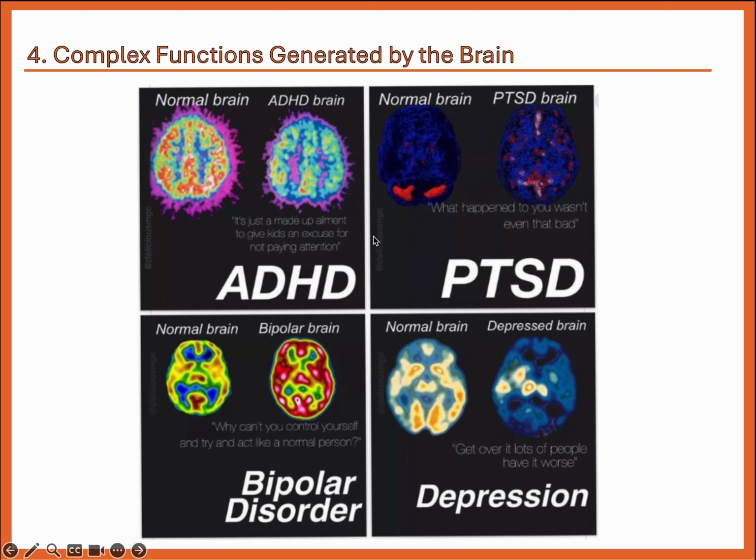These brain patterns really do show that there is something that we should not let go, and just say things like, what happened to you wasn't even bad, right? Get over it. Lots of people have it worse. These are things that maybe, way back when, were very prevalent to say, but now we understand mental health a lot better.